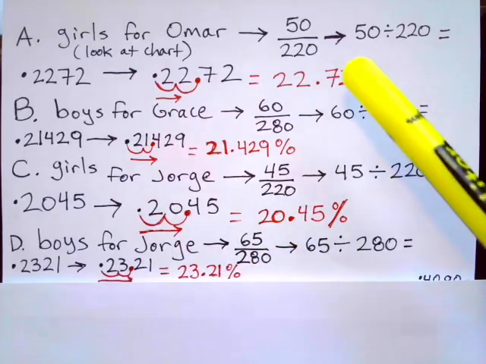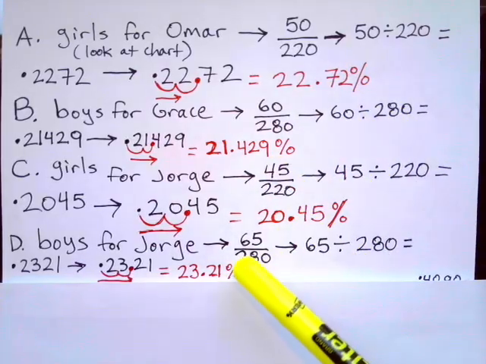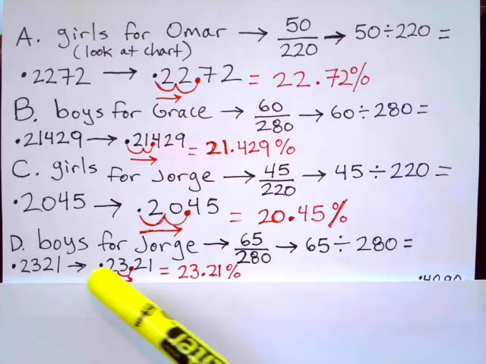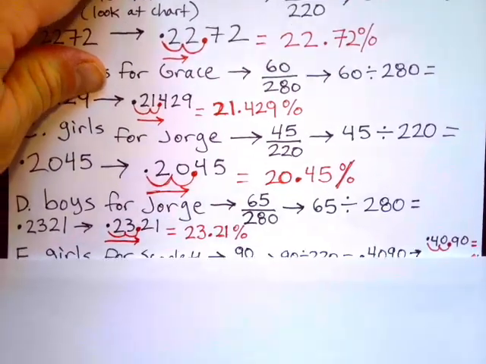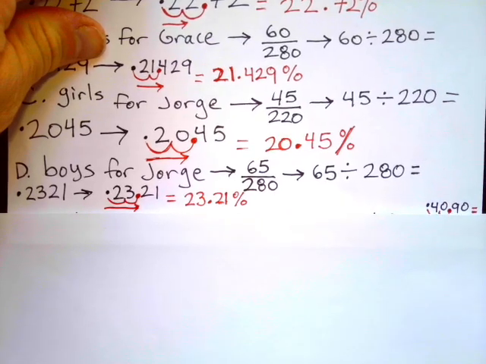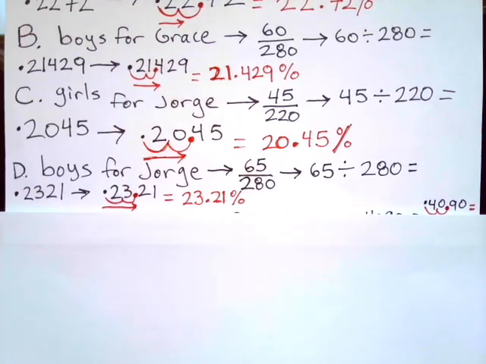So as of right now, in comparing which one is the largest percentage, I think Jorge received the largest percentage of votes. So the answer would be D at this point, but let's check out E. I'm going to raise this up just a little bit here so you can see it.